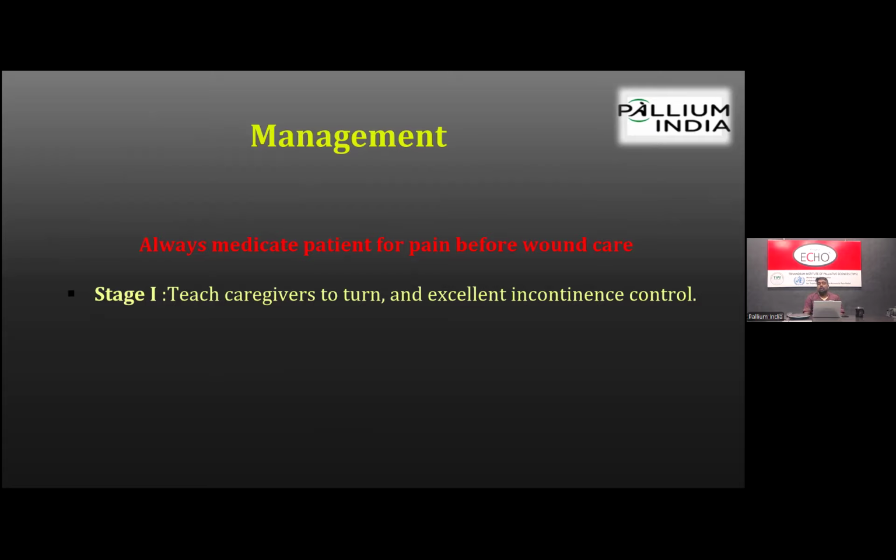So we need to educate the caregiver for prevention, to turn and change the patient's position every two hours. In addition, any bowel or bladder incontinence we need to address. With bladder incontinence, catheterization is not always needed, only management. If it is correctable, we can do that; otherwise, if there is a history, catheterization is needed.